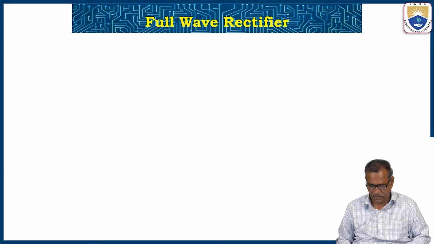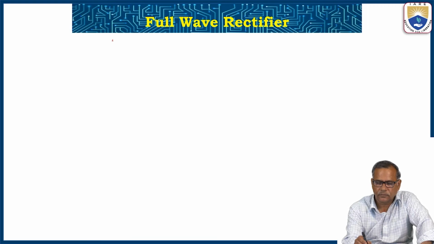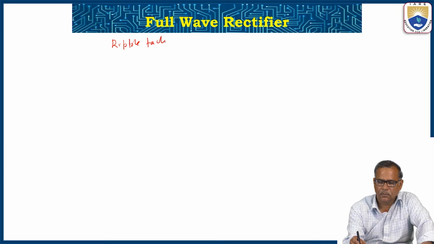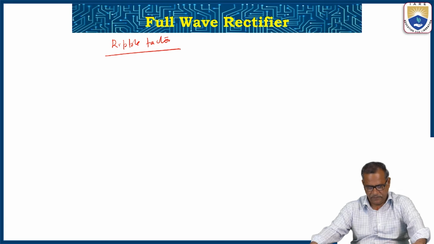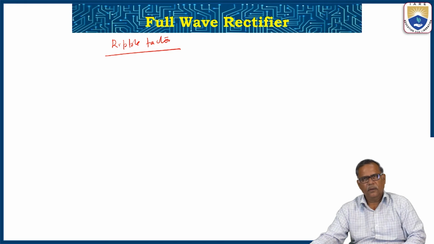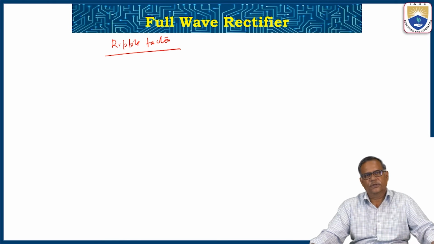Next is the ripple factor. So what is the ripple factor? Ripple factor indicates the amount of fluctuations in the output.